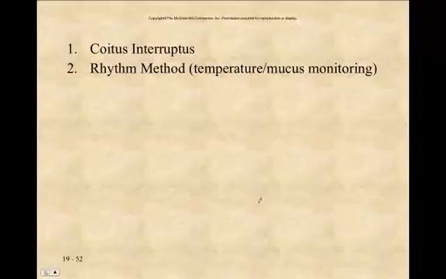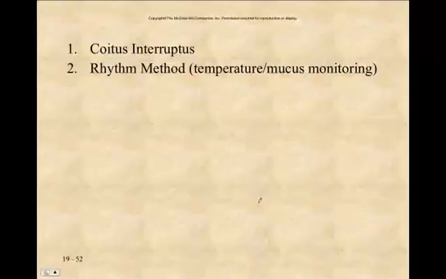There's also the rhythm method, which is monitoring temperature. Body temperature will rise just around ovulation. Then you can also monitor the mucous membranes of the vagina. Typically right around ovulation, that mucus will become a kind of thick consistency, almost like an egg white.